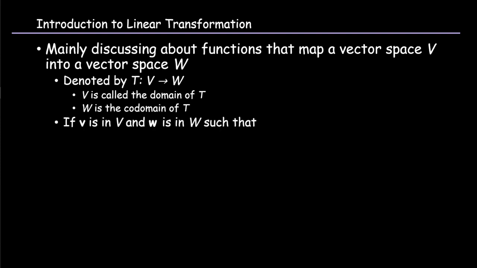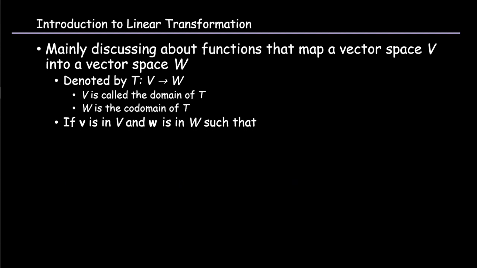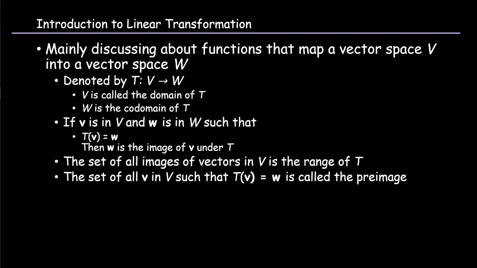And so if we have a vector v in capital V, and w in capital W, such that the linear transformation of v is equal to w, then w is the image of v under the transformation, and the set of all images of vectors in V is the range of T. Additionally, the set of all vectors v in the vector space V such that T(v) is equal to w is called the preimage.